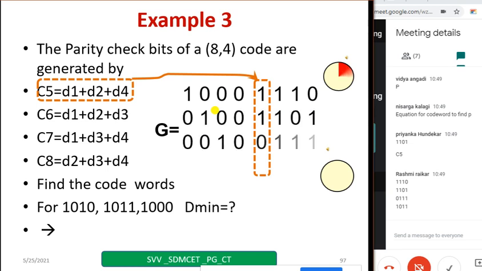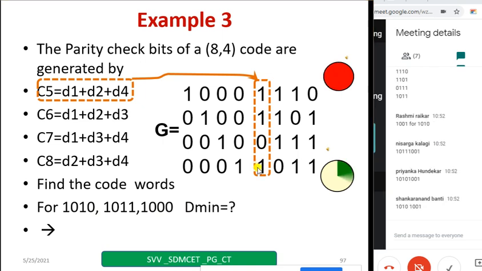Just write down the G from the P. G is having I and P. Then find out the code words for 1010, 1011, 1000. The answers are the same. Priyanka got 1010, 1001. Even Shankarananda got 1010, 1001. Let me wait for the other 2 code words from you. Then we'll continue the discussion.